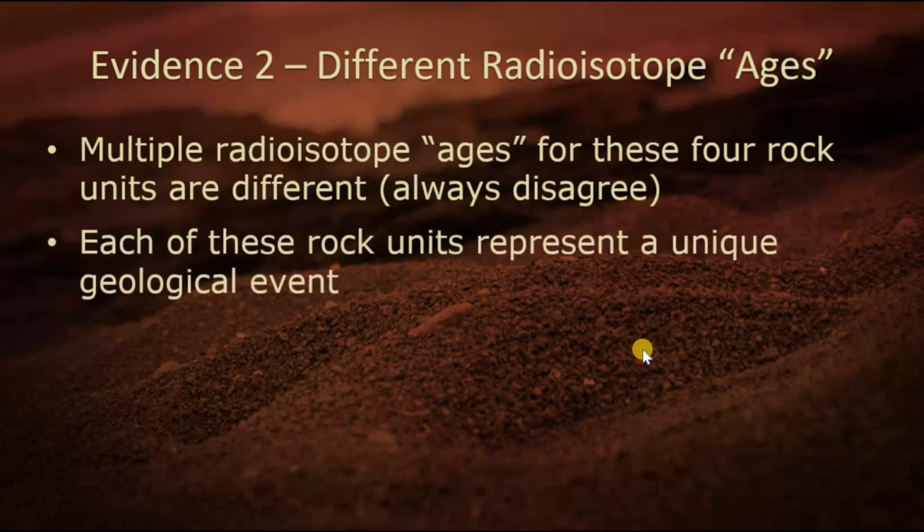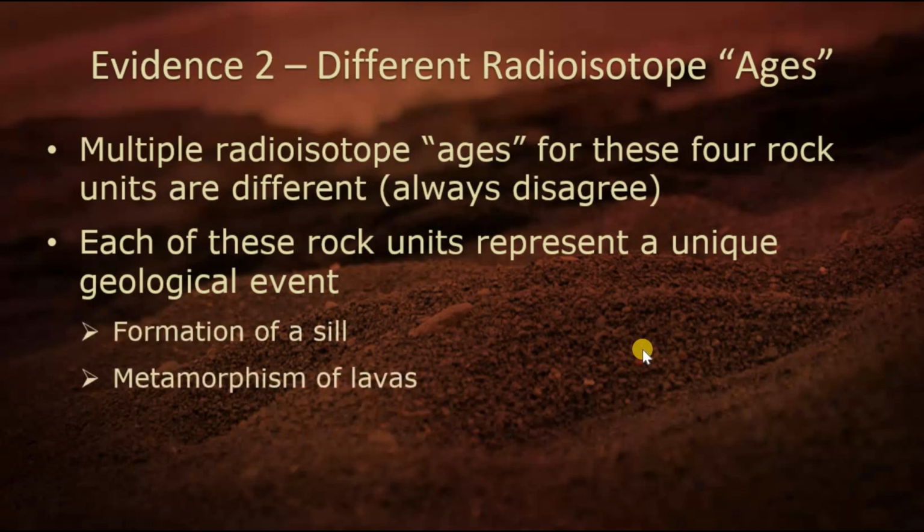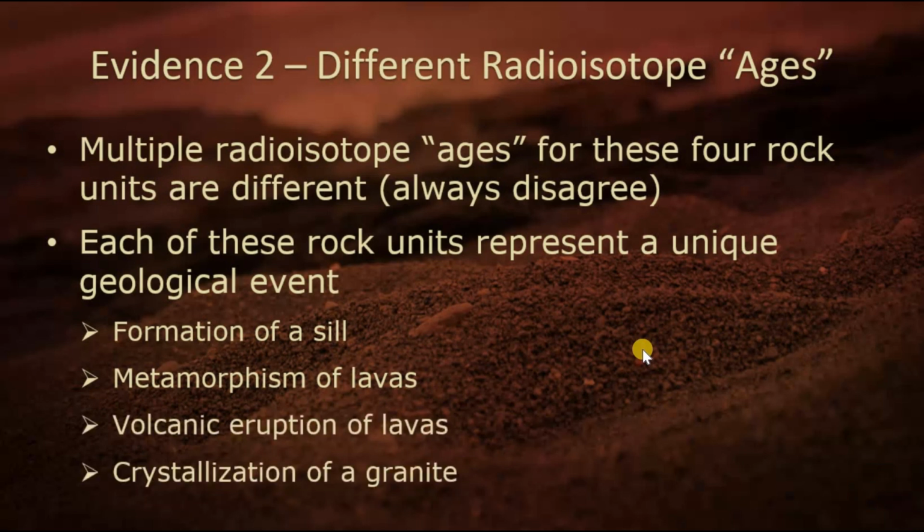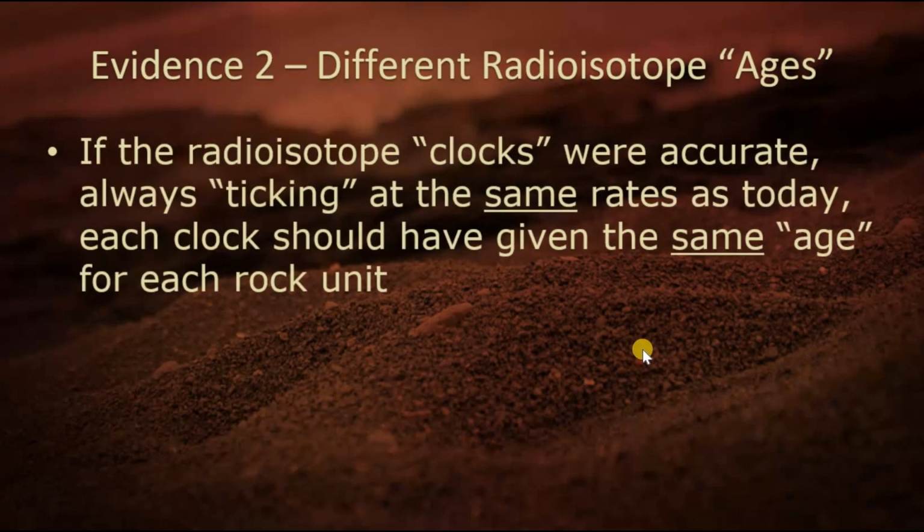So each of these rock units represent a unique geological event: formation of a sill, metamorphosis of lavas, volcanic eruption of lavas, and crystallization of a granite. So we should have seen the same age with all these radioactive clocks, but they're all significantly different.